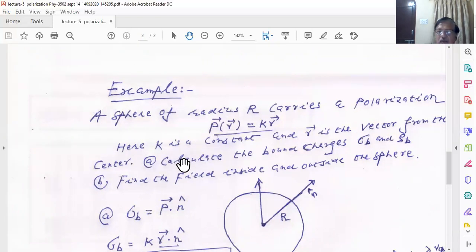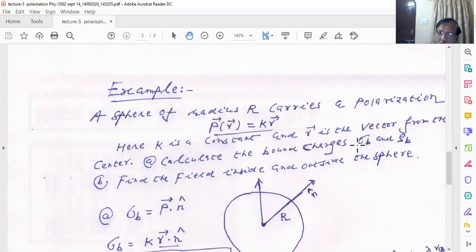What we want to calculate are the bound charges: the volume charge density of the bound charges, which is rho b, and the surface charge density of the bound charges, which is sigma b.